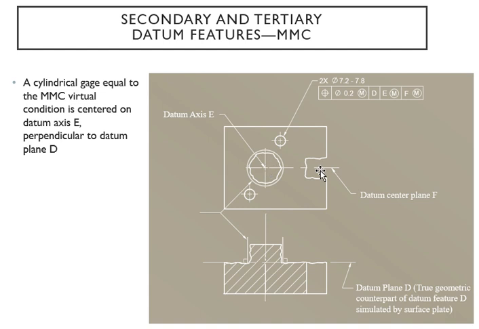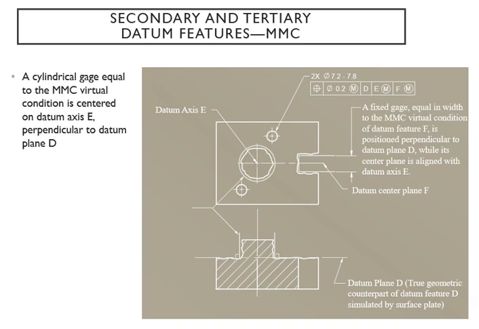And we still have axis E with an MMC, which is there, and that has to be perpendicular to your datum plane D. We're seeing the same part, so you should be able to get it by now. Your cylindrical gauge is going to establish the datum axis E, and that's going to be perpendicular to, again, your datum plane D.